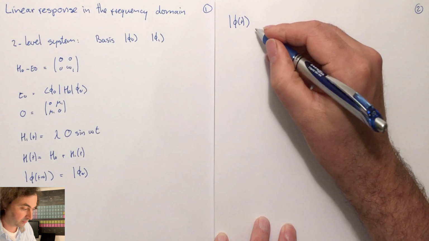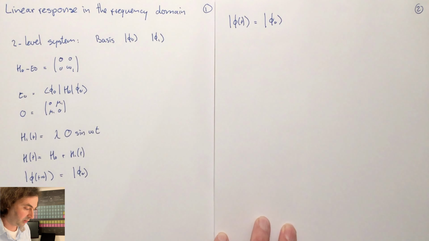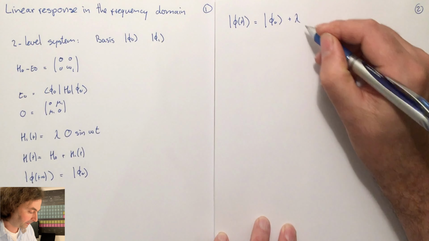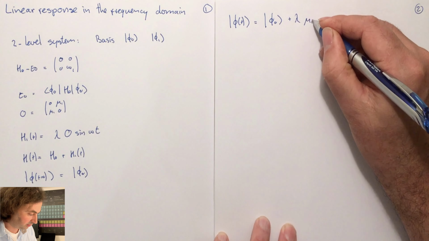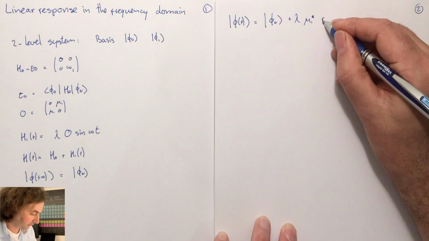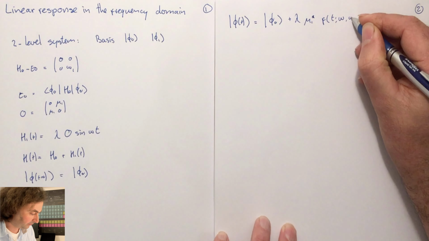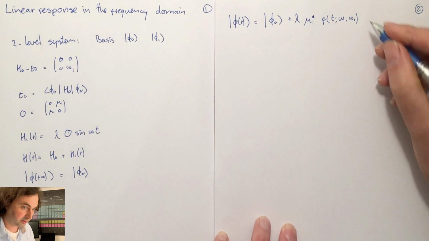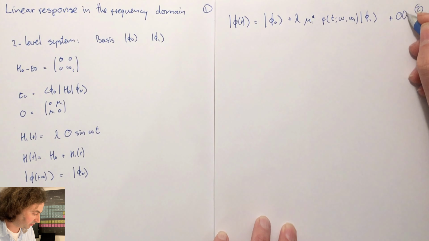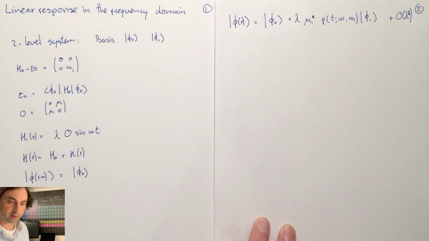So from the previous video, we know that at time t the state is in state 0 plus something linear in lambda, and then a time and frequency dependent part times state 1 plus corrections in higher order in lambda.